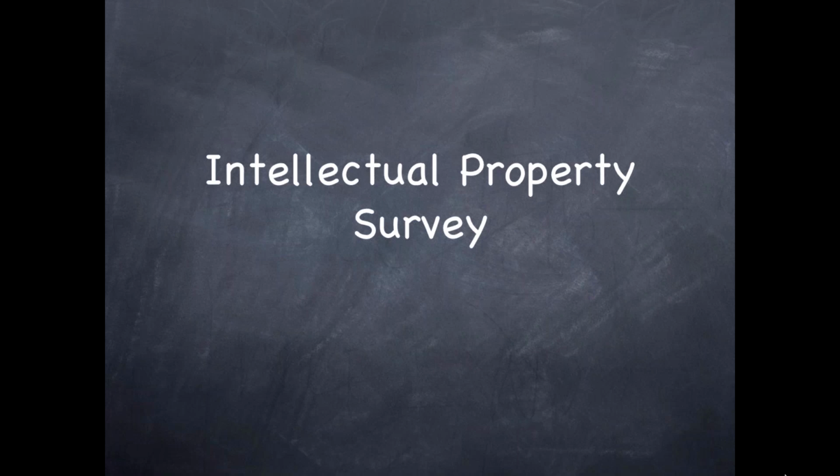So tonight we're going to delve into intellectual property. We're going to look at four forms of intellectual property, or as we refer to it, IP. The first type of IP is trademarks, dealing with brands. Next, patents, dealing with sciences and technologies.